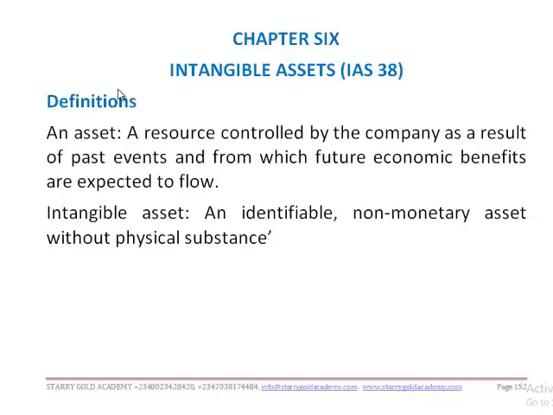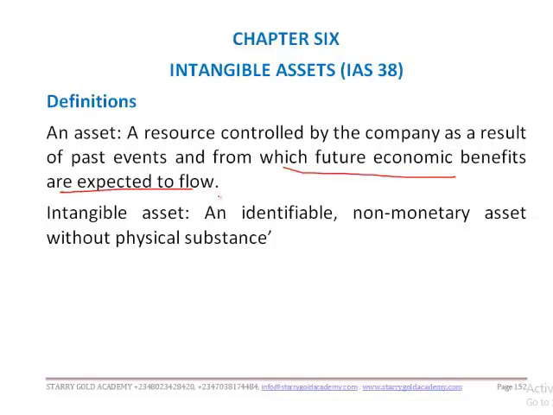An asset is a resource controlled by the company as a result of past events and from which future economic benefits are expected to flow. So an intangible asset is an asset which is identifiable and non-monetary, without physical substance.